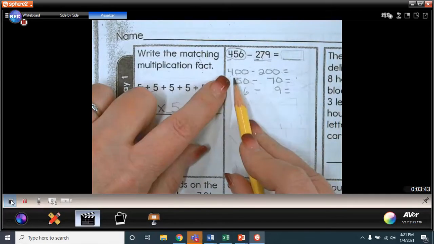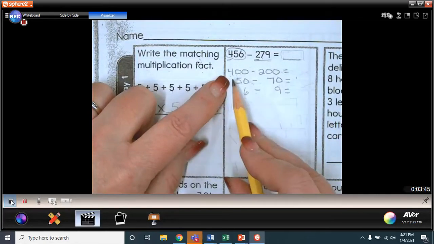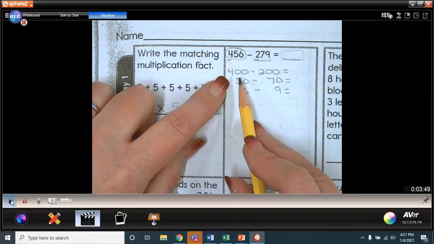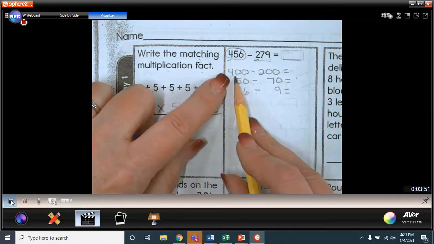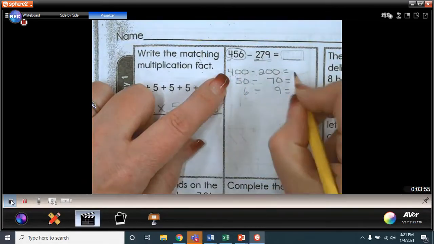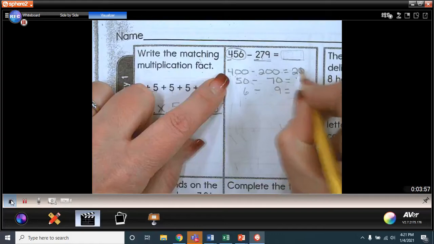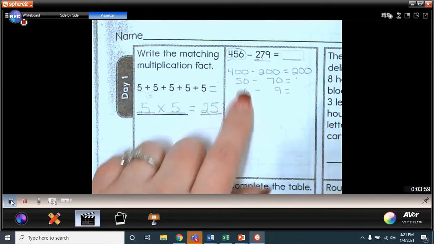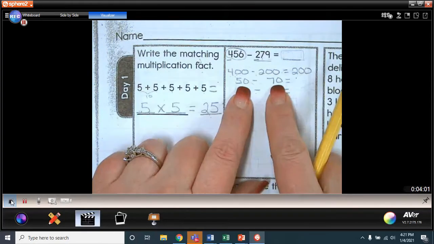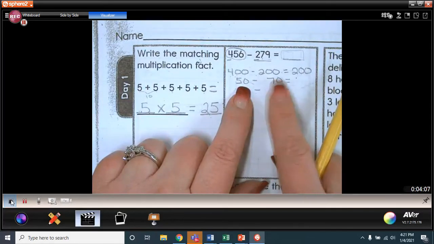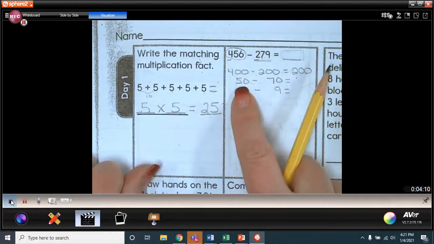Now, I start with my hundreds because I may have to borrow so that I can regroup. So I'm going to subtract 400 minus 200, and that's going to leave me with 200. Now, I see that I have too much here to be able to subtract 70 from only 50.